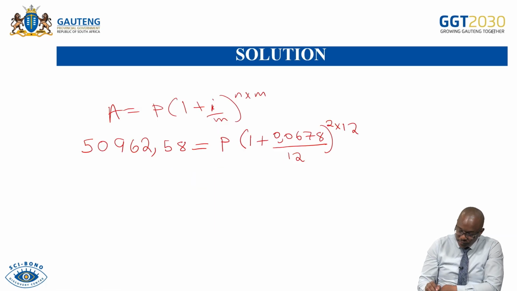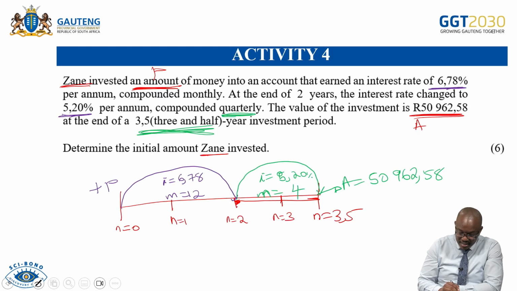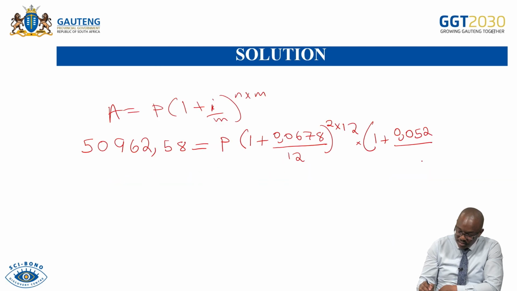So now we multiply the interest for the next 1.5 years, which is 0.052. Then it was charged quarterly, so we divide here by 4, and we're going to have 1.5 multiplied by 4.